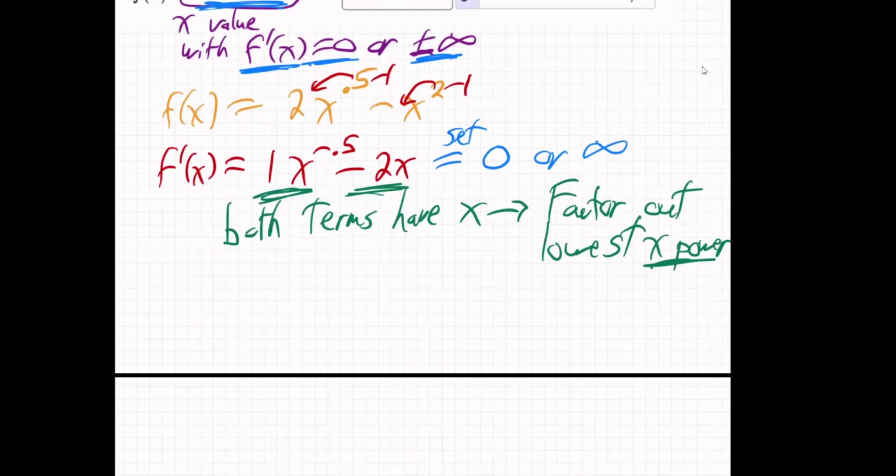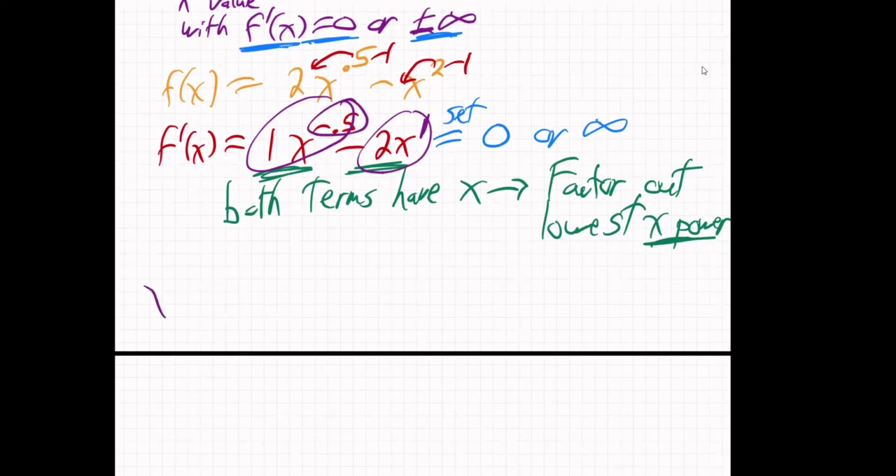Looking at these two, this term and this term, this is x to the 1, right? It's invisible, positive 1. So this one's lower, it's negative. So factor out x to the negative 0.5, put a parenthesis, keep the equals 0, that's on the right side there, right? So back to 0. There we go.